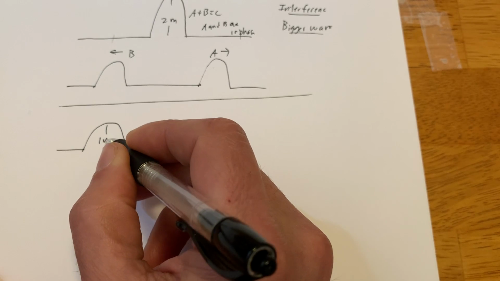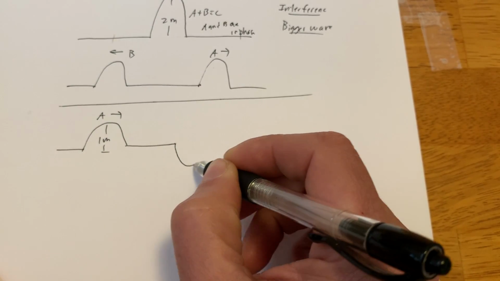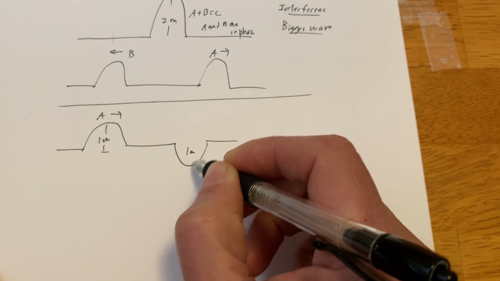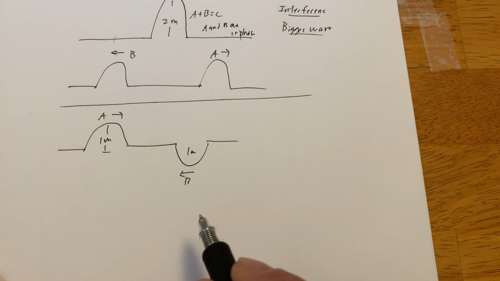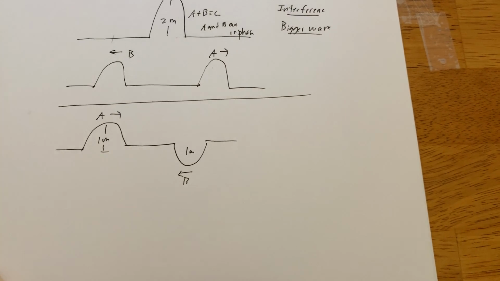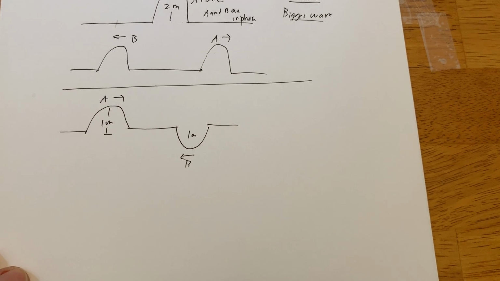Here I have this 1 meter again, A, moving this way, and I get another wave, 1 meter, let's call this B, but it's moving to the left. So now, I'm still going to get superposition, right? Superposition occurs when two or more waves meet. But what's going to happen in this particular case?